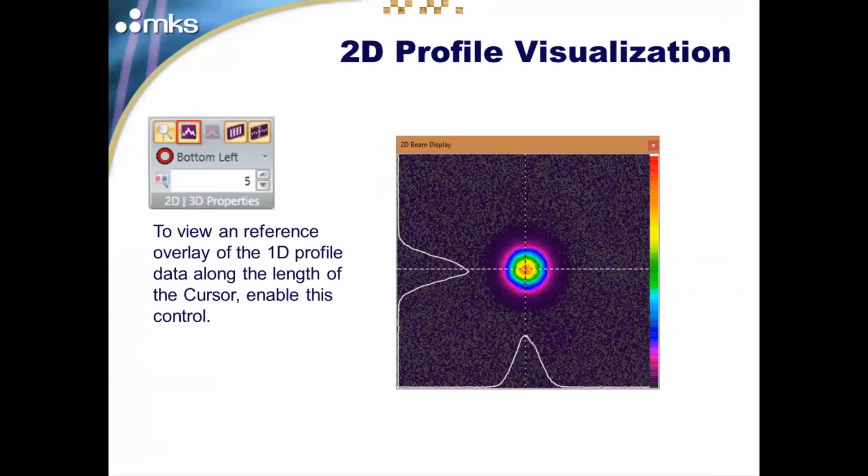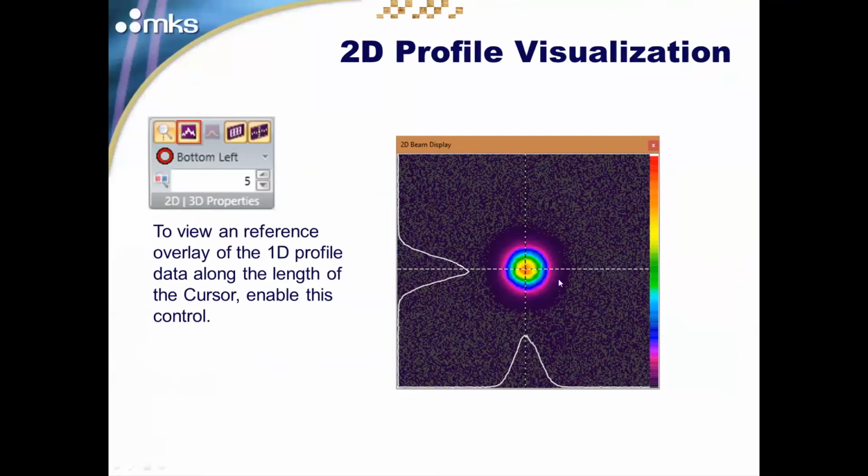Also in the 2D profiles, one feature that I've seen confuse people at times, and it's these white 1D profiles on the left and bottom edges of the 2D display. What that is, it's a reference overlay of the 1D profile data. So this is the 1D profile.